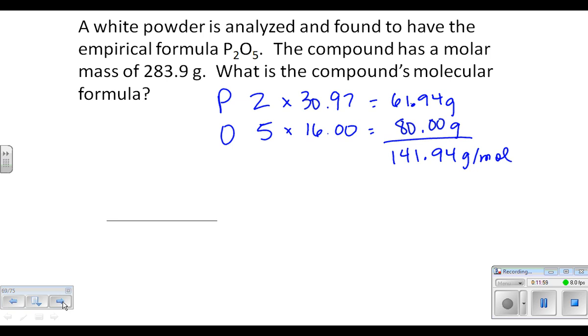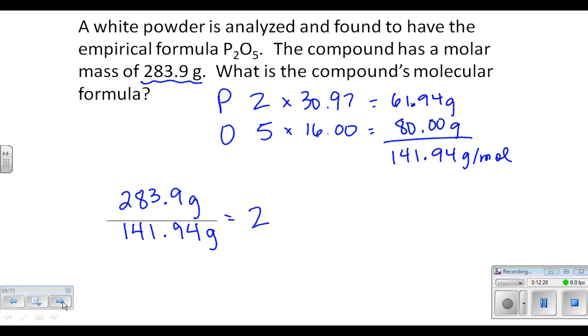So once we do that, we can then take our molecular mass, which they gave us up here as 283.9 grams. We'll divide it by the 141.94 grams, and we'll come up with a value. So 283.9 divided by 141.94 gives me about 2.